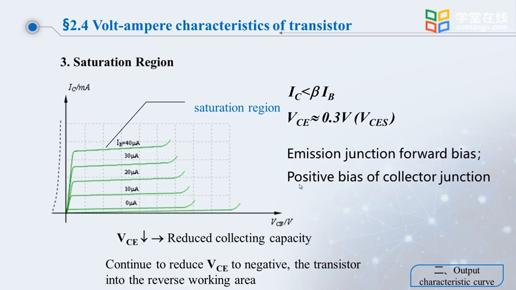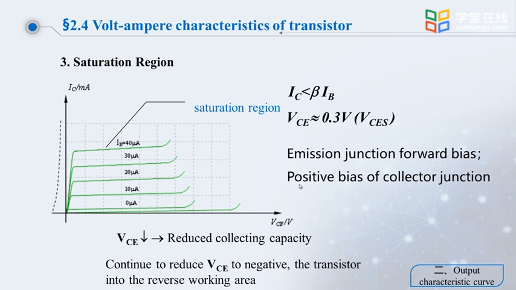The region to the left of the curve is the saturation region. In the saturation region, as VCE increases, IC increases rapidly. The fact is that as VCE grows, the collector's ability to collect free electrons from the emitter region gradually increases. Then IC will increase.